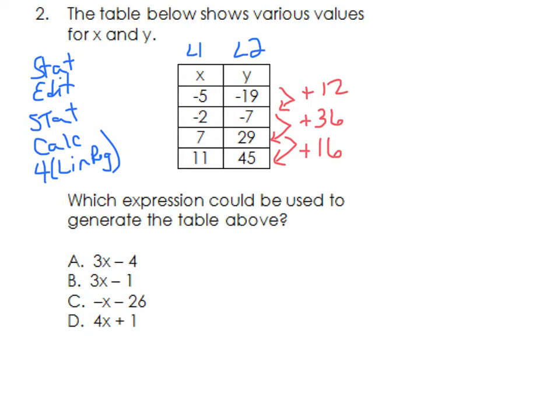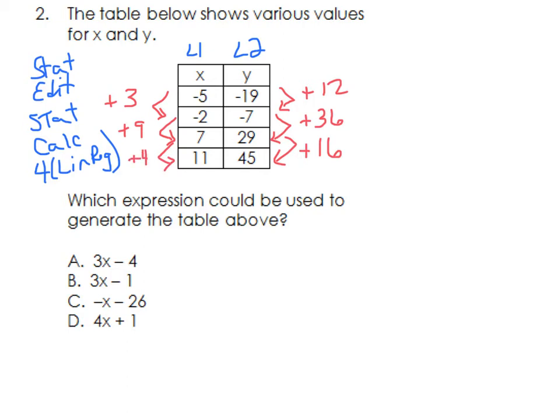So initially you kind of look at it and go, something seems to be wrong. But remember, this is a division of our change in y divided by our change in x. So let's look at what our change in x is. We have -5 to -2, which is +3. We have -2 to +7, that's +9. And we have 7 to 11, that's +4.